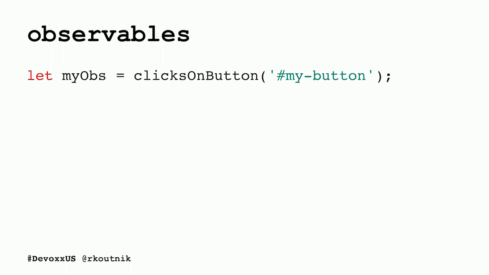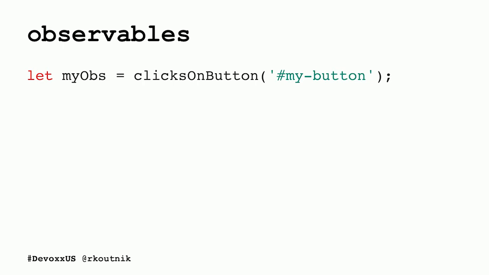So in this case, we have clicks on a button. I'm in the UI space right now, so I think a lot about buttons. And all of the clicks on a particular button is a collection of data, but it's not all going to arrive at one point. That would be horrific if every click ever issued on a button arrived at a single point in time. But at some point in the future, the user will click on the buttons.